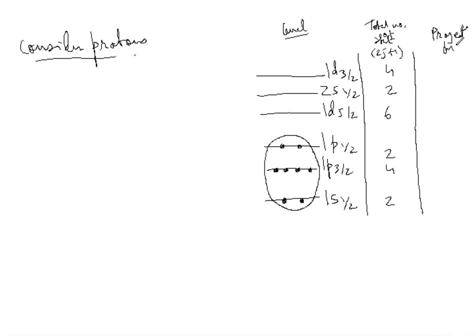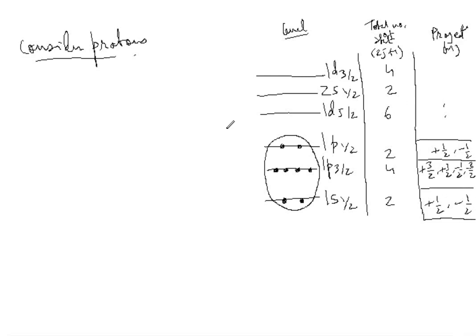That is m. So the projection will be plus half, minus half here. What about these 4 states? It will be plus 3 by 2, plus half, minus half, minus 3 by 2. Fine. And what about them here? Again plus half, minus half. Okay, so on and so forth.